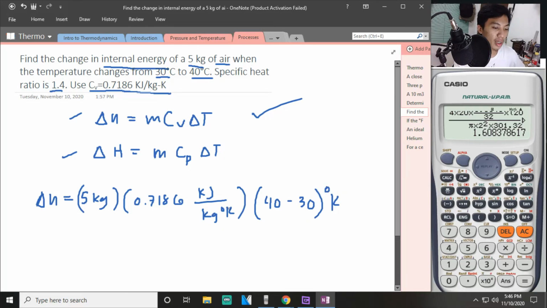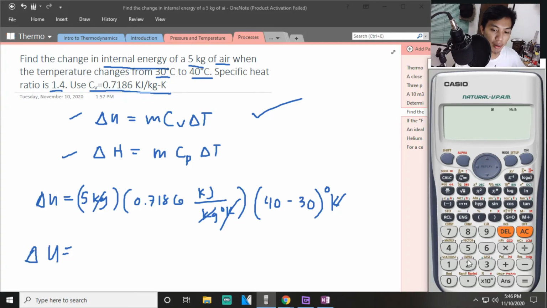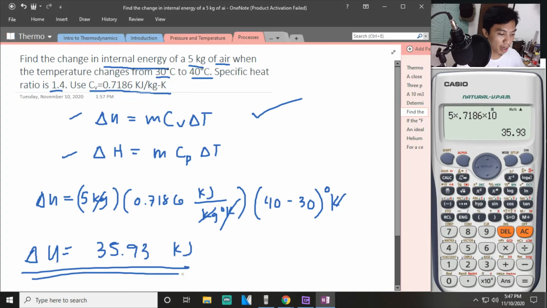Okay? Cancel natin same units, degree Kelvin, kilogram, kilogram. Ang lalabas kilojoule. So that is 5 times 0.7186 times 10. The answer is 35.93 kilojoules.